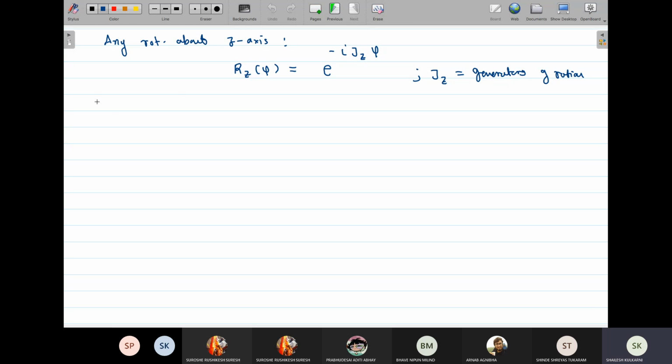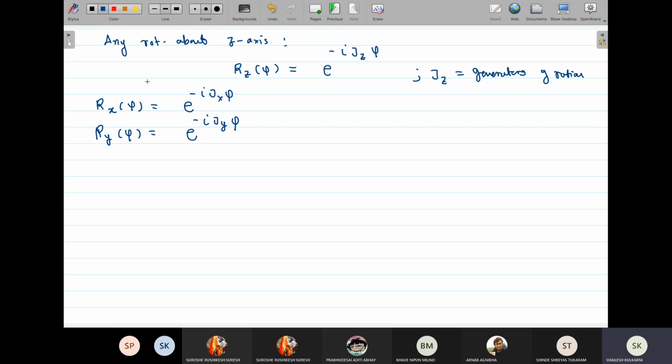Similarly, Rx phi can be written as e to the power minus i Jx phi, and Ry phi can be written as e to the power minus i Jy phi. This phi here could be different.